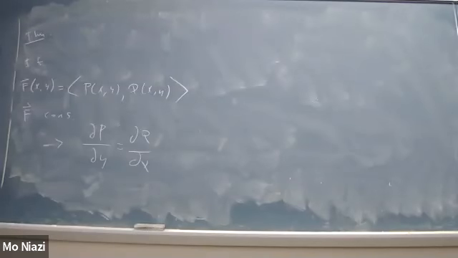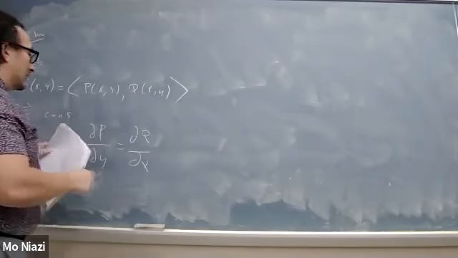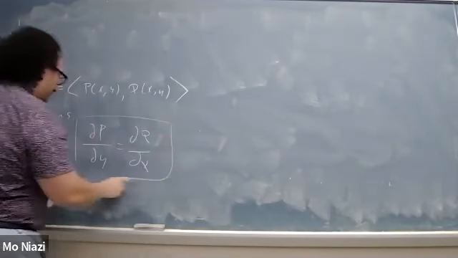So, meaning if you have a conservative vector field and these partial derivatives exist, then this is going to happen.